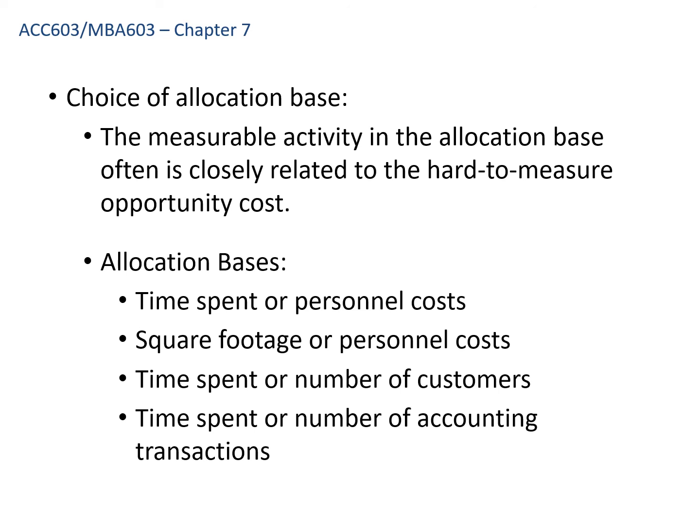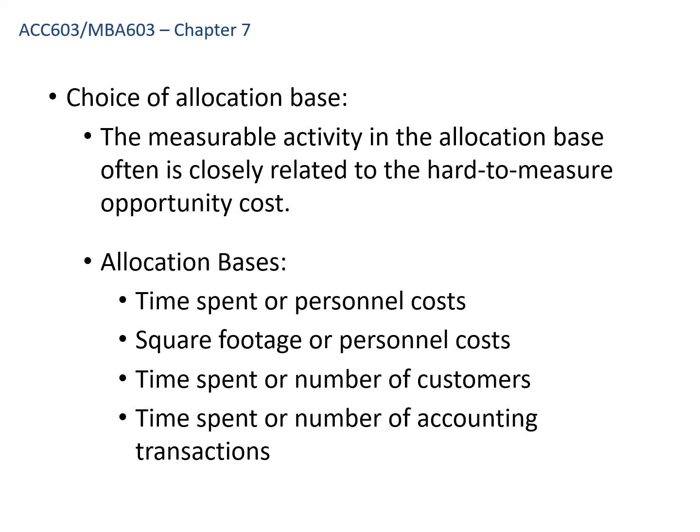I'm going to reduce the space that I take, and I don't care if I leave space heaters on all night long, because that doesn't have any influence on what I'm charged for electricity. So the choice of allocation base can have a direct impact on the decisions that managers make.